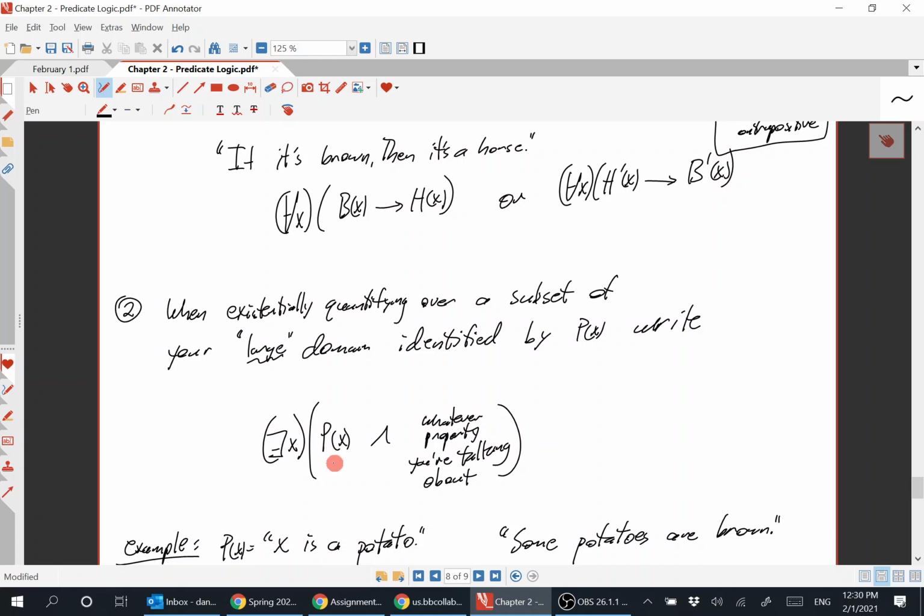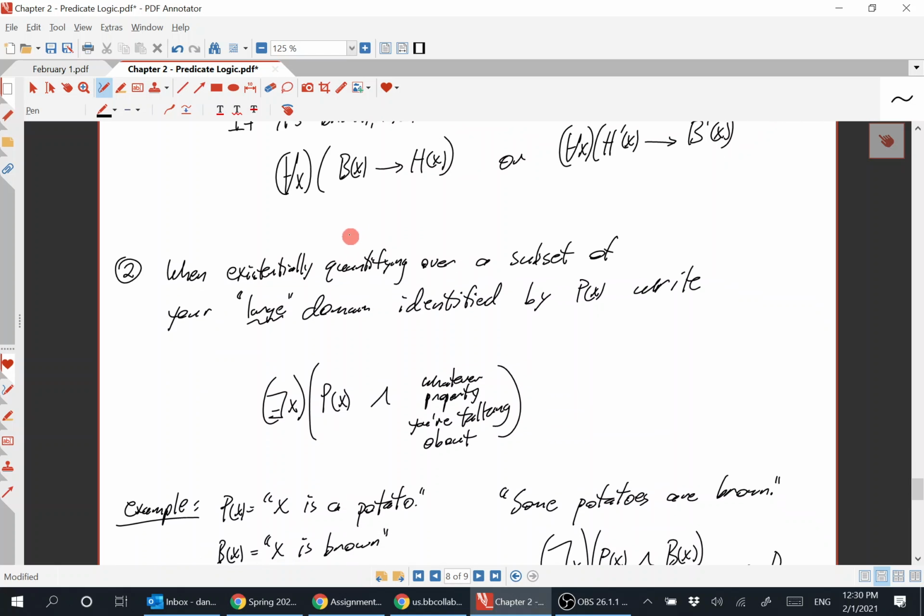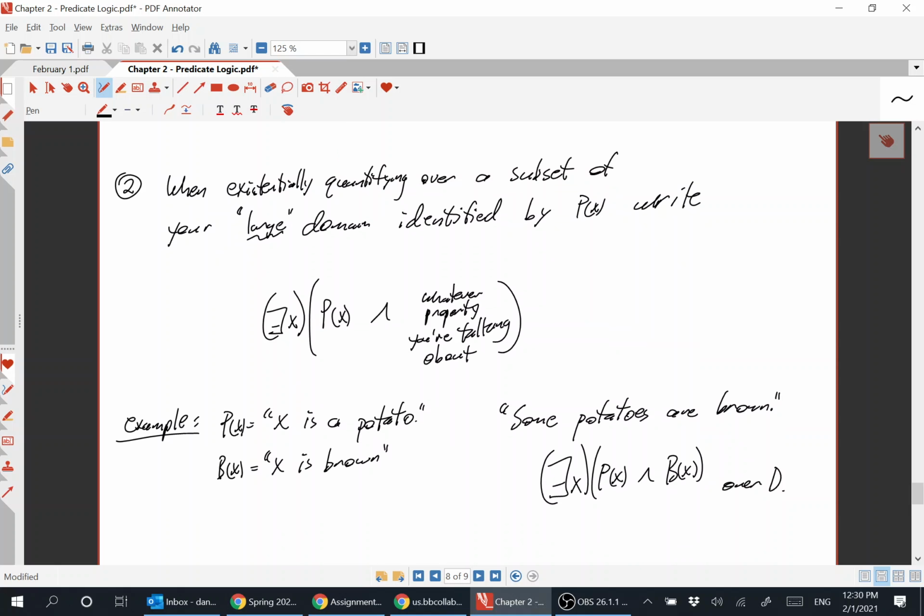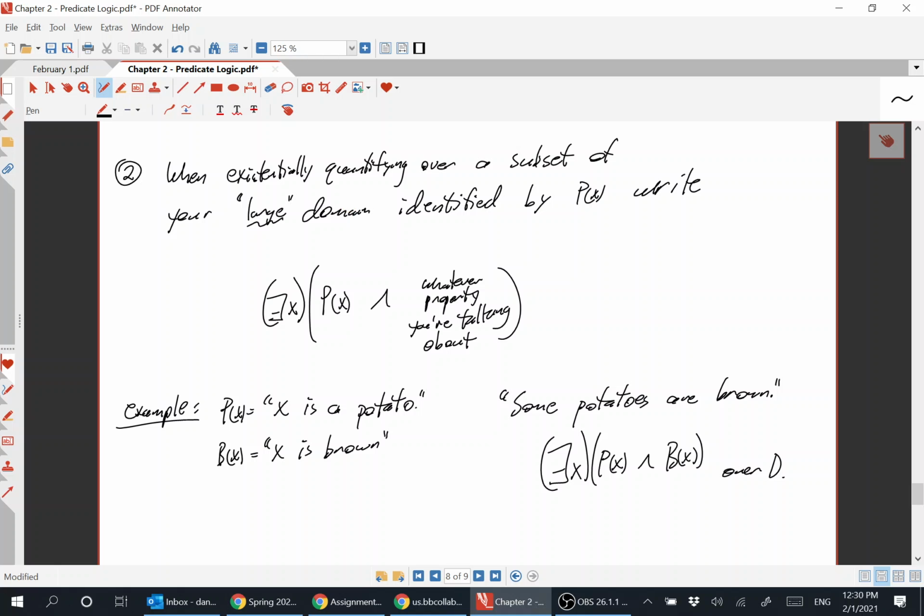When you want to existentially quantify over a subset of your large domain, the universe, you write: there exists x, P(x) and whatever property you're talking about. If P(x) means x is a potato and B(x) means x is brown, to say some potatoes are brown is: there exists x in the domain such that x is a potato and x is brown.